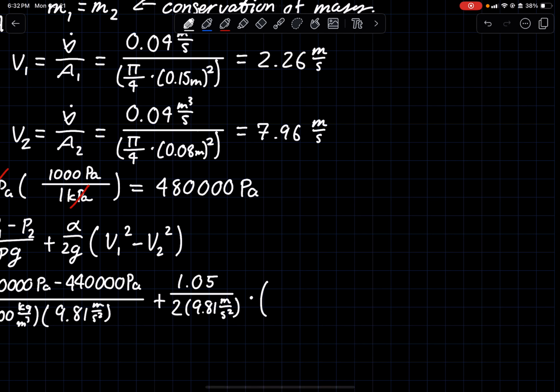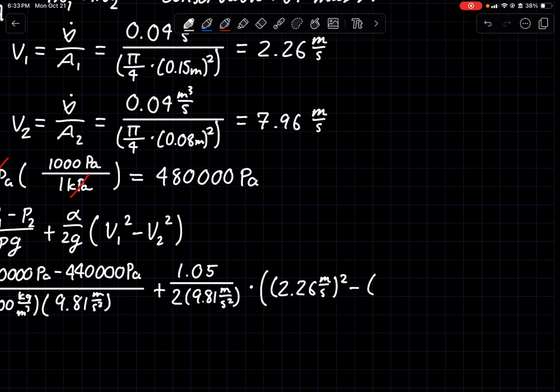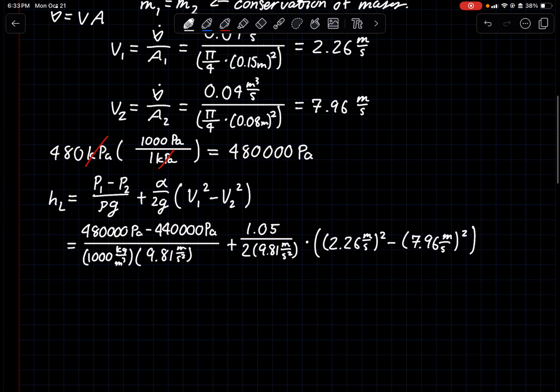So velocity 1 is 2.26 meters per second, and we are subtracting V2, which is 7.96 meter per second, that whole value squared. So this should be our H sub L value in meters.